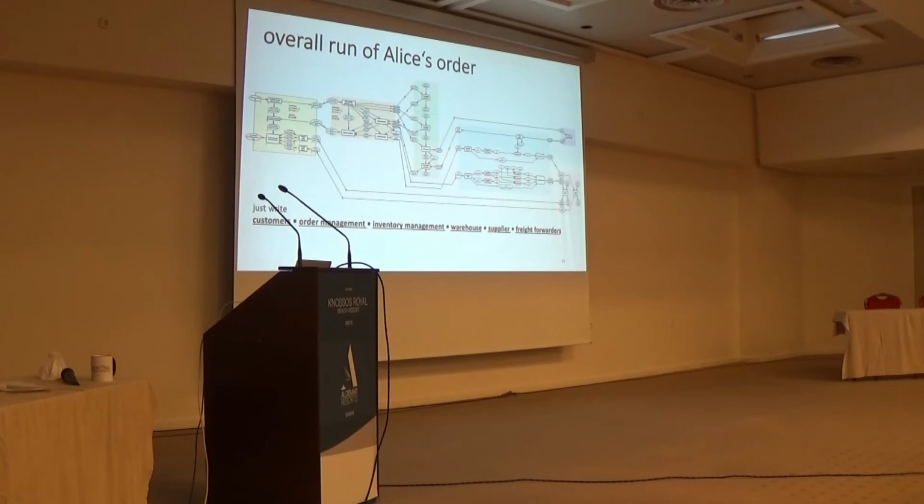And this, you cannot read this, of course, this is the behavior of one customer, that he or she orders something, and here it is the order management, his inventory, and some of what is ordered is taken from the supplier, other things from the supplier, and then it's in the warehouse, and then the messages are given back.